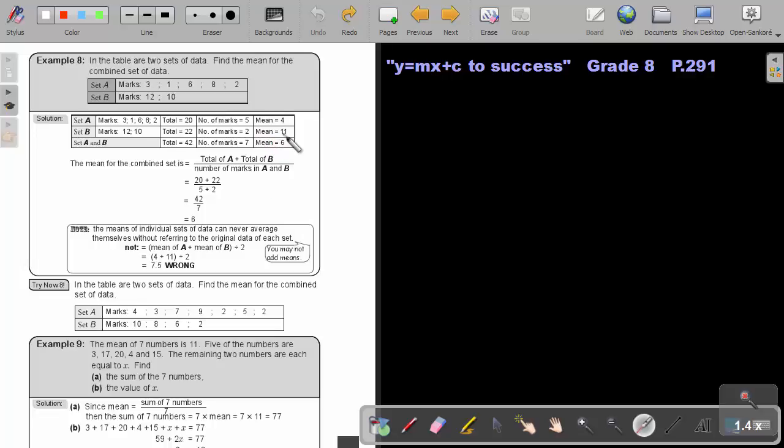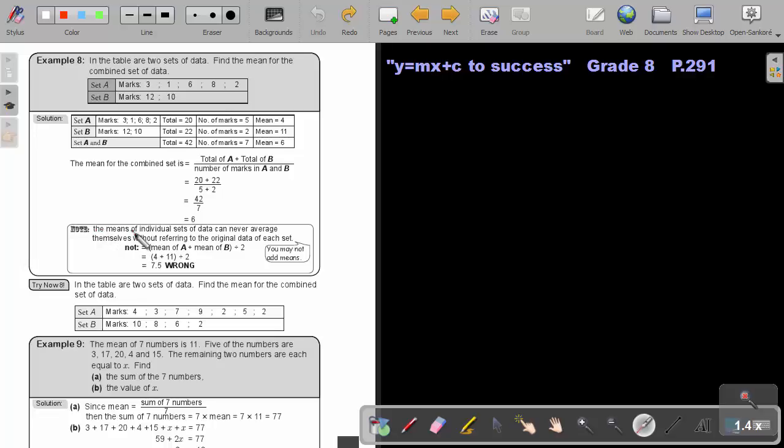So you cannot just go and add these 2 up and divide it by 2. That will be incorrect. You have to find the total of everything and then divide it by 7. So you find the total, and divide it by the total number of marks, and that will give you 6.